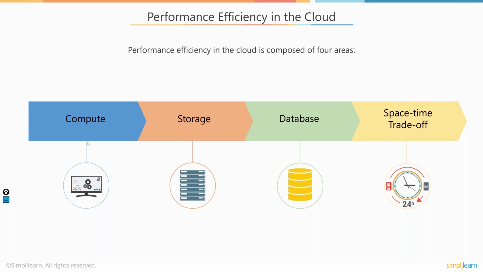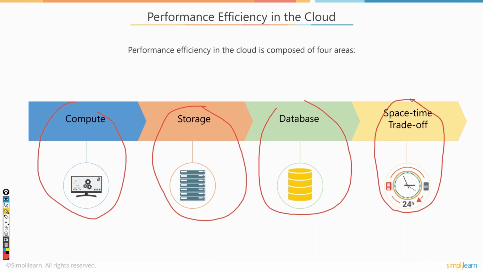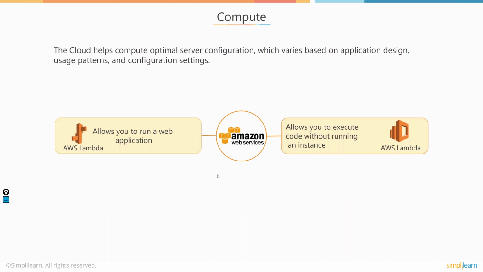But they also provide performance efficiency in services like compute, storage, database, and space-time trade-off. What it means is we can go to all of them, and I'll discuss in detail what every single one of them means, because I'd rather not repeat myself if we do it now.